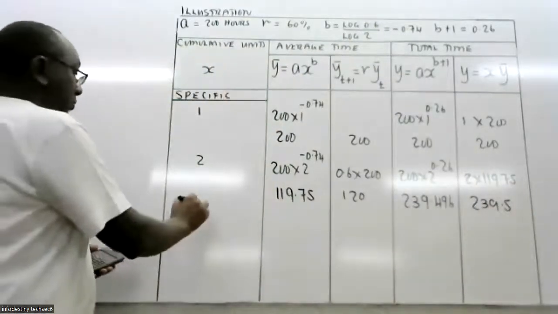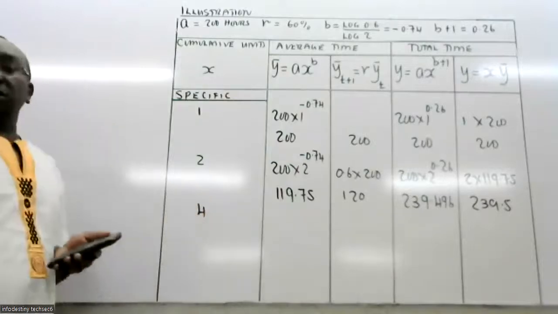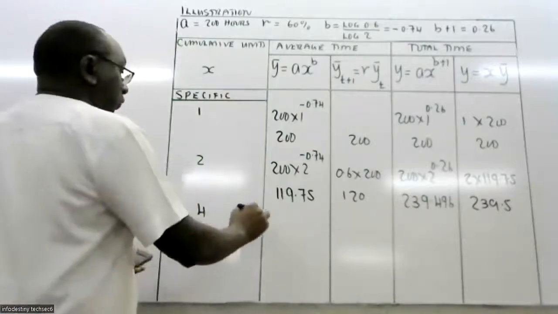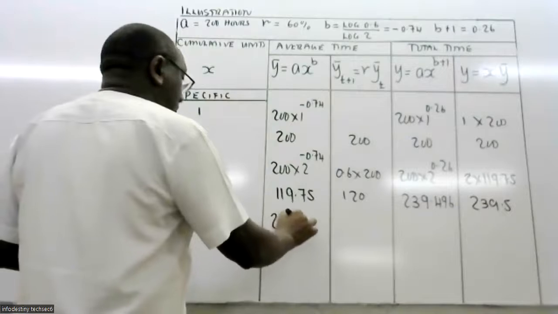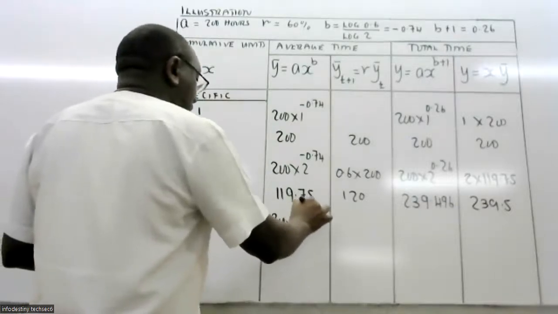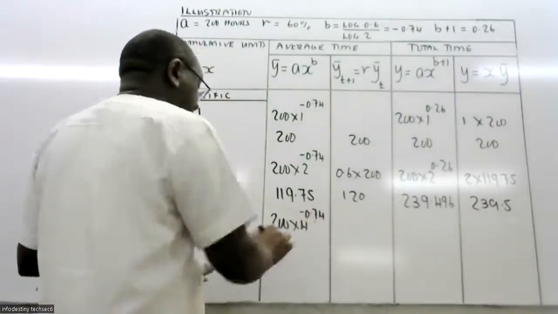Let us go to 4. When you go to 4, it will be 200 times 4 raised to power negative 0.74.